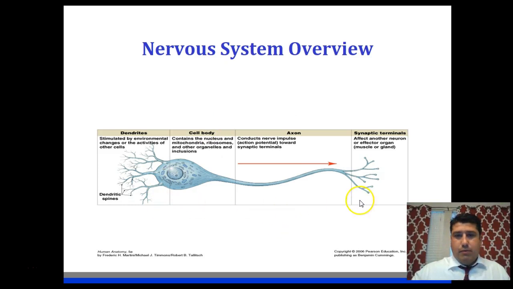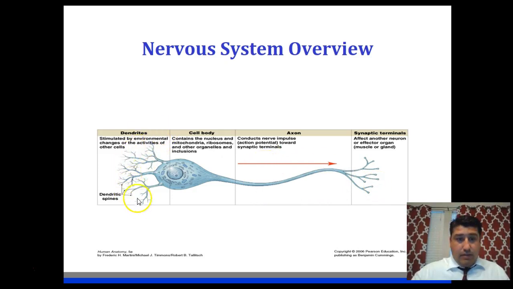Okay, so here's an example or a picture of a basic unit of a nerve. This is a neuron. You can see the dendrites on the left side, and then you have the cell body in the middle, and then an axon, and then eventually you have the synaptic terminal. And that's the direction the message propagates down the neurological pathway.